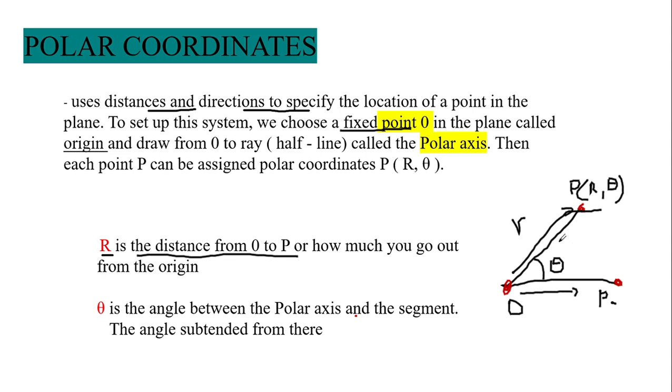Now, it is clear to you what the meaning of polar coordinates is. As I said before, it is all about distances and directions. Now let's have here r is equal to a sine theta.